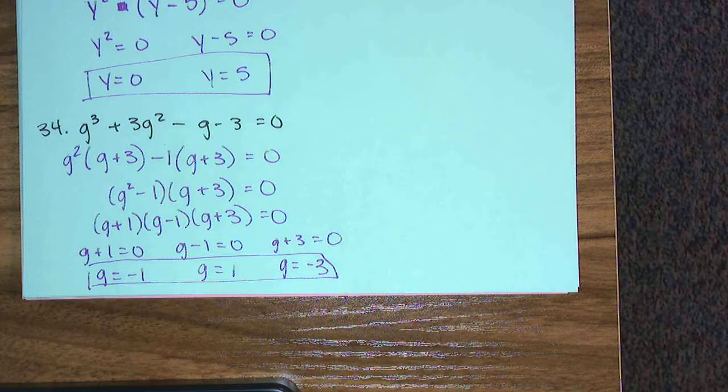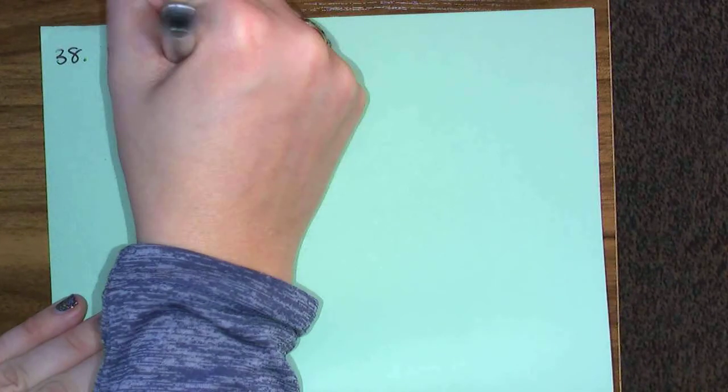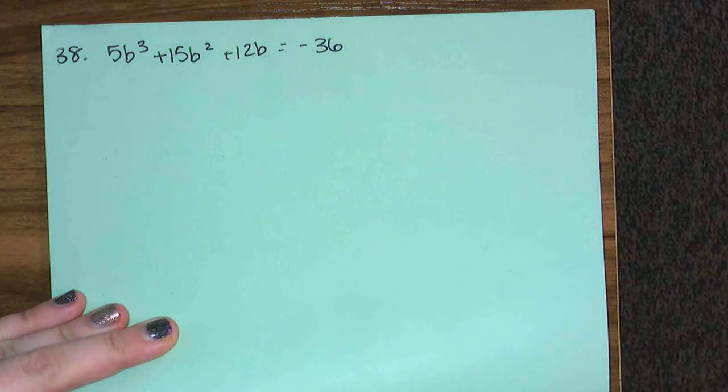Let's look at 38. Alright, so 38, 5b cubed plus 15b squared plus 12b is equal to negative 36. Yeah, so I still want, we're doing the same thing.